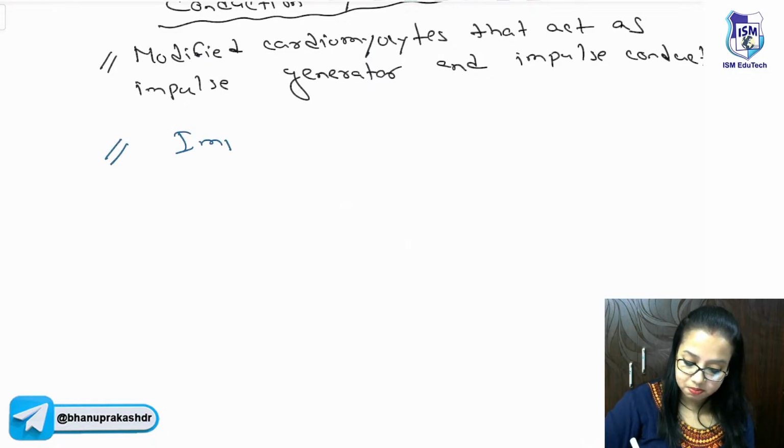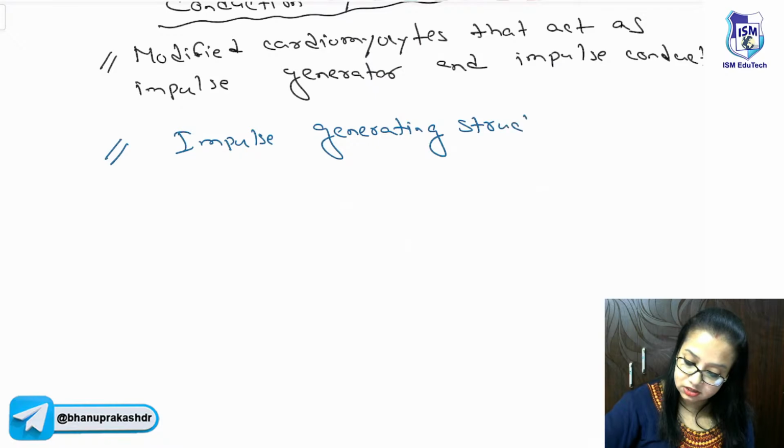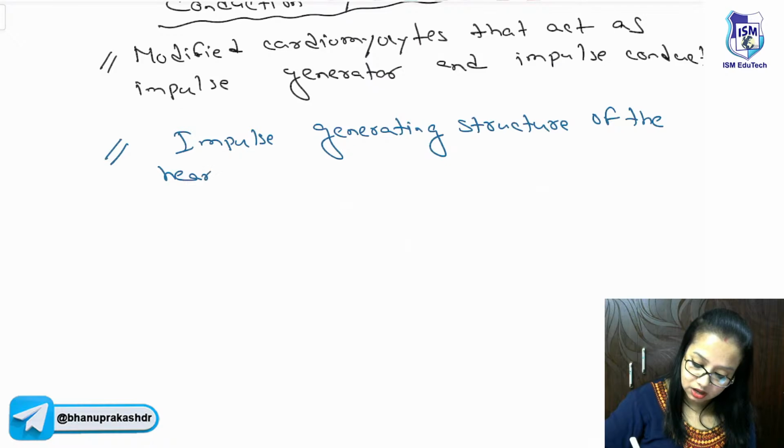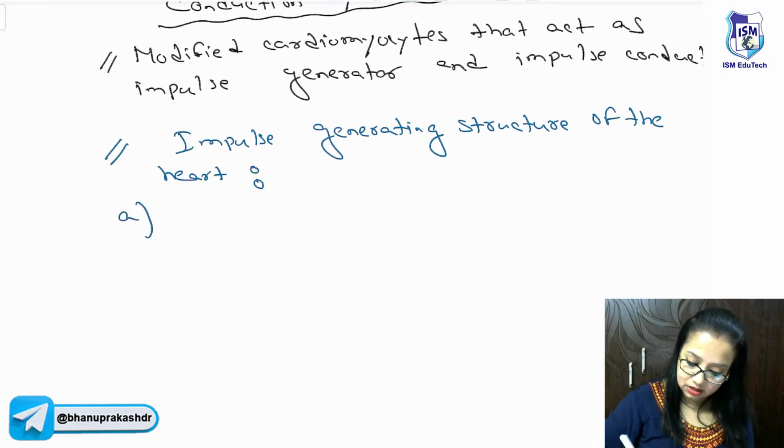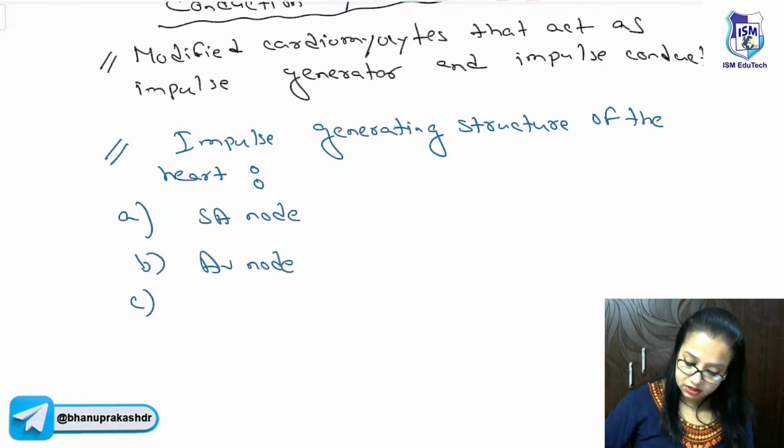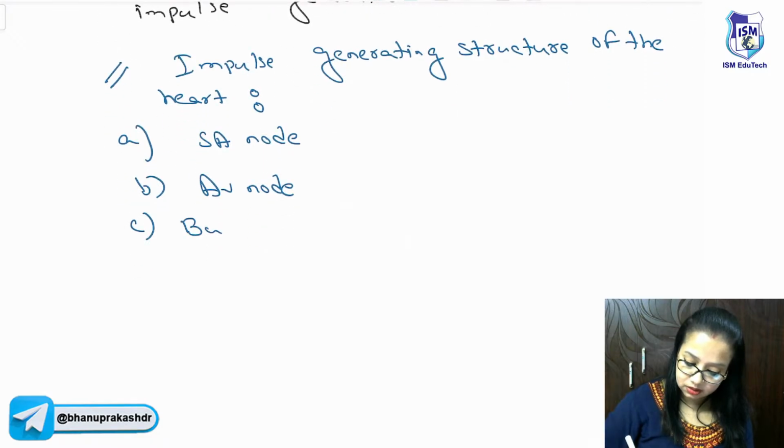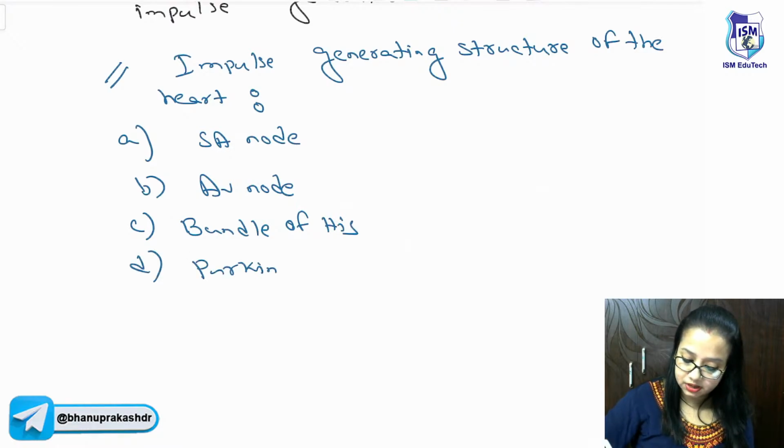The impulse generating structures of the heart are number 1, SA node, number 2, AV node, number 3, bundle of His, and number 4, Purkinje fibers.